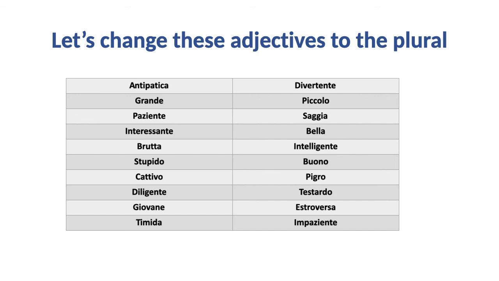Pigro becomes pigri, I at the end. Testardo becomes testardi, I at the end. All of these three, O goes to I. Estroversa becomes estroverse, A goes to E. And lastly, impaziente becomes impazienti, E goes to I.